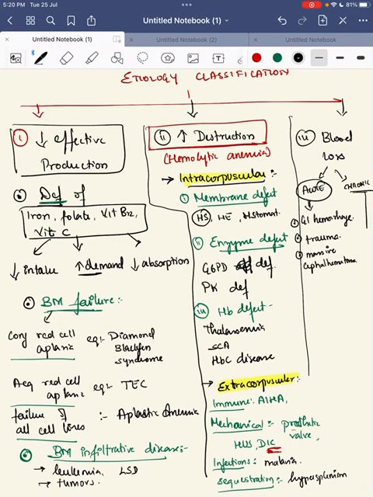In chronic conditions, it can be due to a rectal polyp, or when the child has a hookworm infestation, or a chronic peptic ulcer. These are the etiological classification for a child to have anemia.